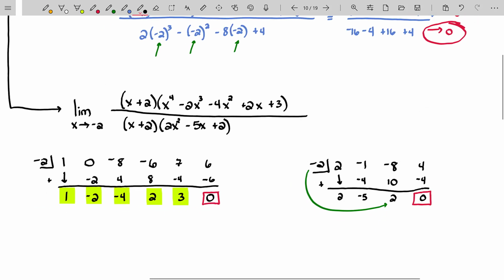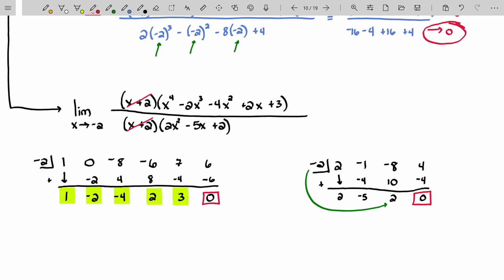Now we do all this so that we can cancel those like factors in this function. Before I go any further, I don't want to have to do all that factoring again. So I'm going to do a little bit of earlier algebra before that higher level factoring algebra. If I don't have to do it, that'll be awesome.